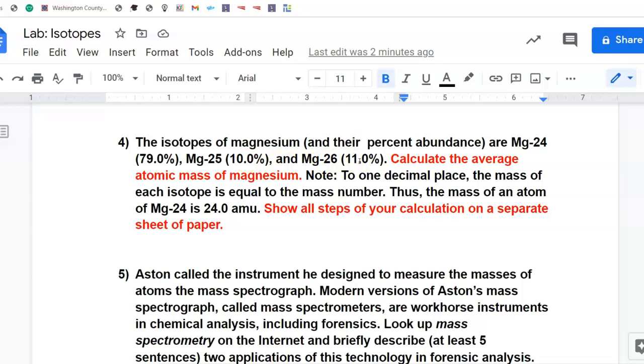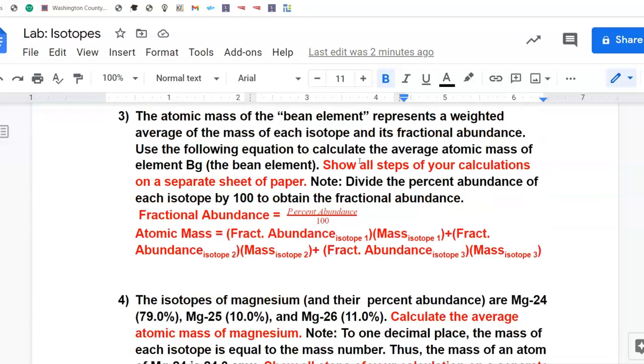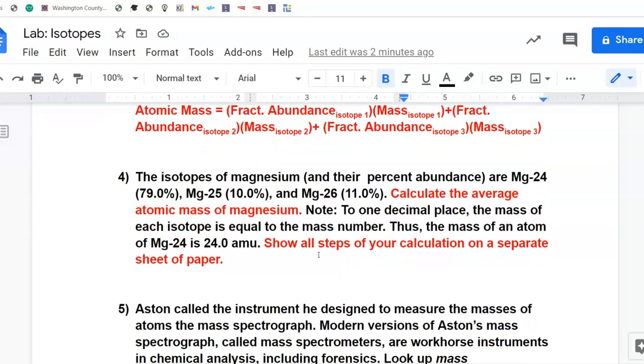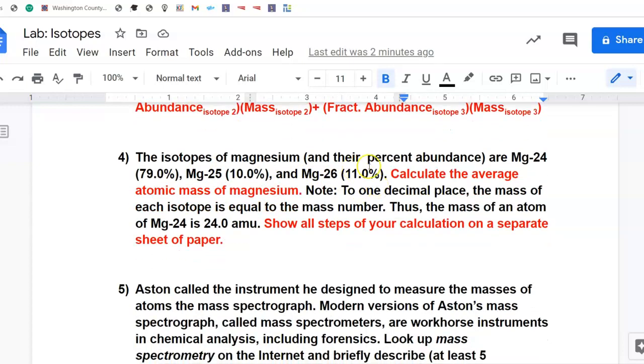You're going to calculate the average atomic mass of magnesium, where you're doing the fractional abundance times the mass. Also here, for the mass of an atom, if it says 24, that's really 24.0, and this would really be 25.0 and 26.0. And don't forget to take your percentage out of the percent.